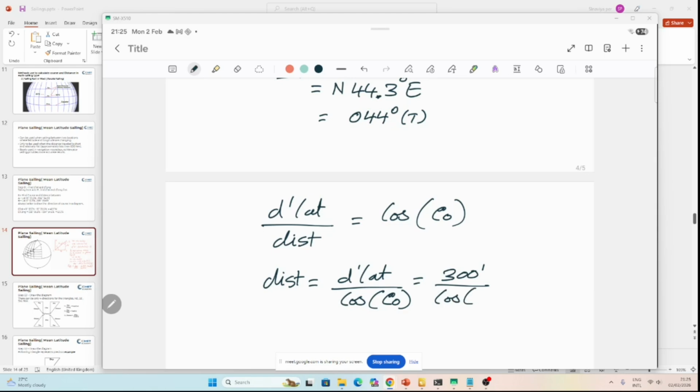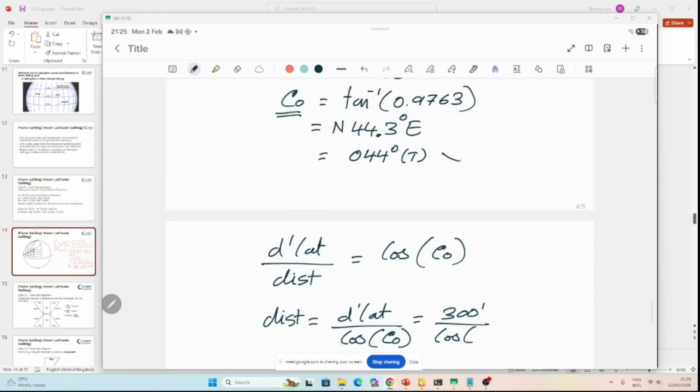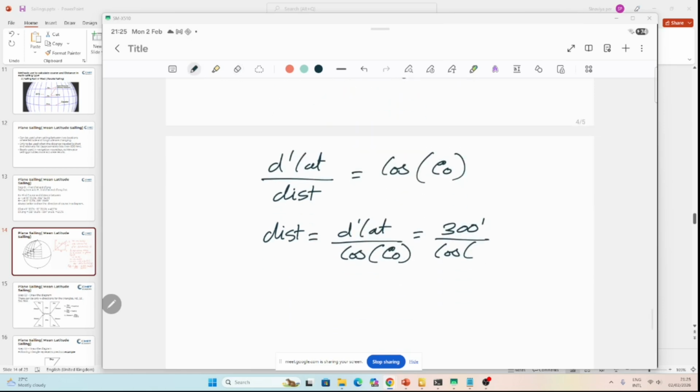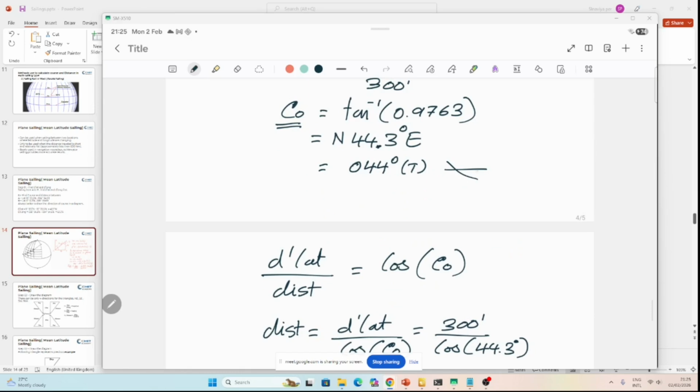Cos is, in this case, do not use your 3-digit cos because we are not using a decimal place, right? Always make sure that you use the quadrantal cos, 44.3 degrees. Do not use your 3-digit cos.